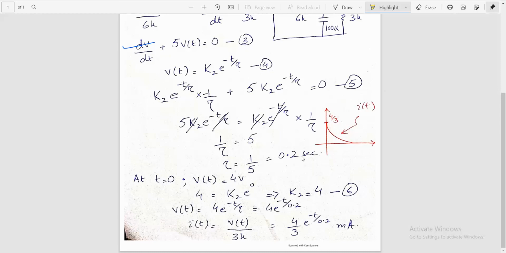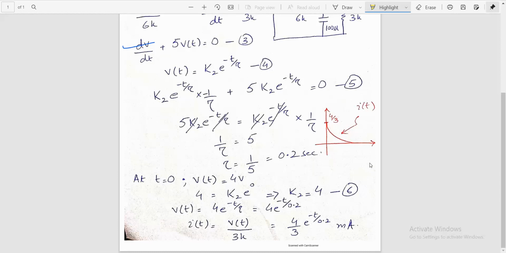And simply the current I of t which was required to be evaluated is v of t divided by 3k. So it comes out to be 4 by 3 exponential of minus t over 0.2 milliamperes. If you want to draw the response, the waveform of current, see the value at time t is equal to 0.